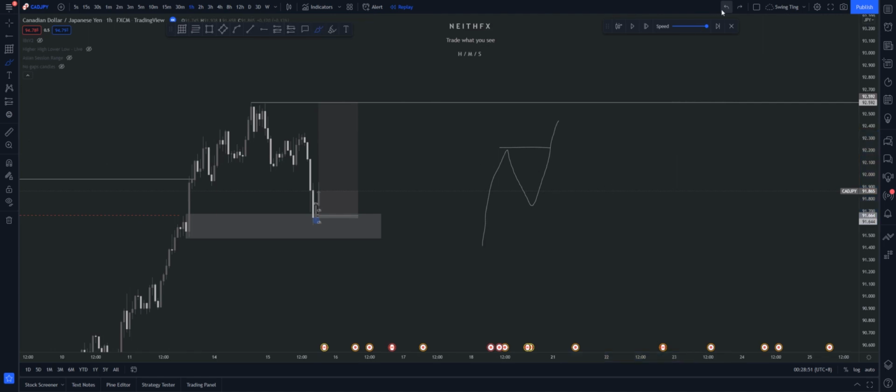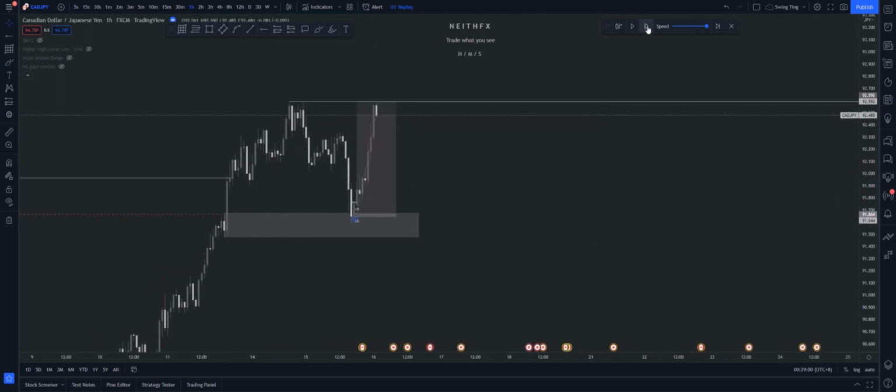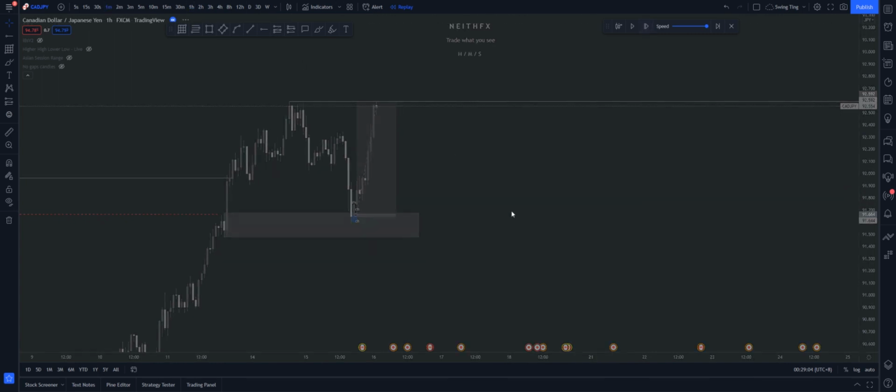So the take profit target was set at the previous high here, and it was left to run, right? We just leave it to run, and there wasn't really much of a management, because I don't trail my stops in terms of swing trades.